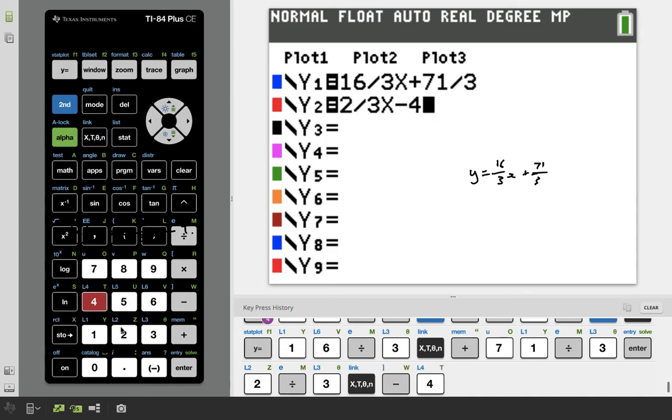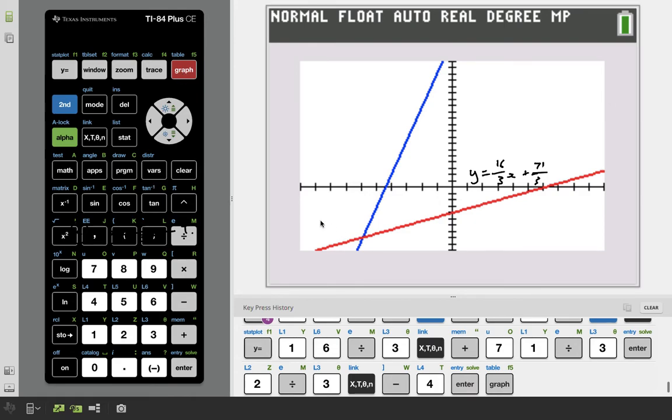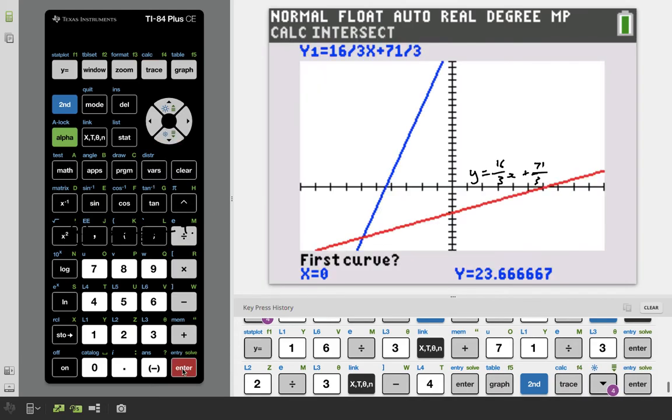And I'm meeting at quite a low value. So over here, do a calc intersect. First curve, second curve. The guess is over here.